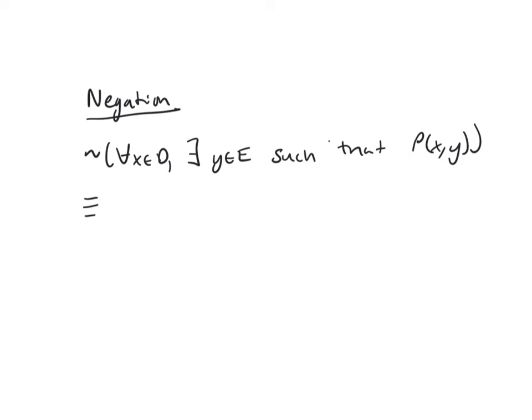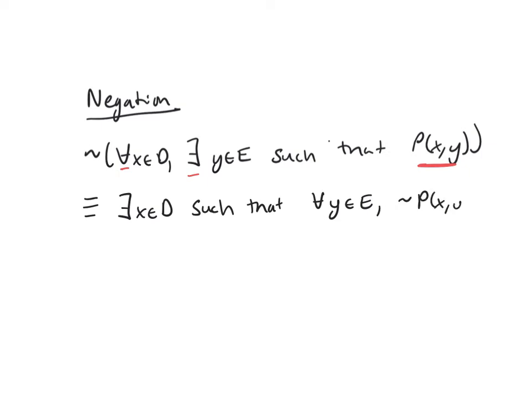So starting off, I had universal. That means it's going to become existential. There exists an X in D such that. And now you had existential, so it's going to become universal: for all Y in E. And then you negate your predicate, so it would be not P(X, Y).